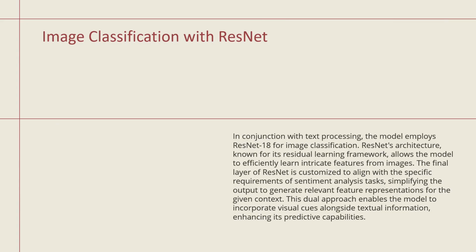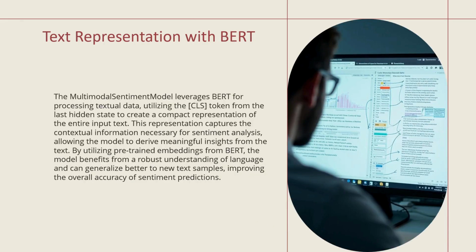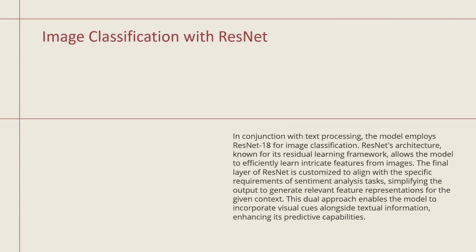Now my model has mainly two branches. One is for text and one is for image. On the text side, I have used BERT to tokenize and convert the input sentences into embeddings, and I have extracted the CLS token, which acts as a summary of a sentence. Now on the image side, I have used ResNet-18, which is a classic convolutional neural network trained for image recognition. In ResNet, you train the residual network, making it much better.